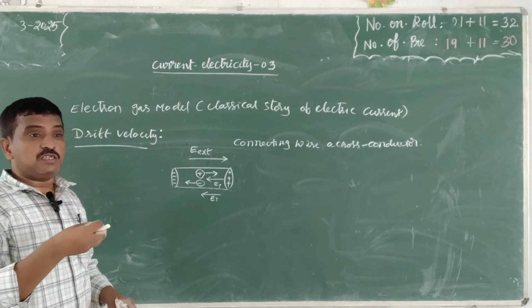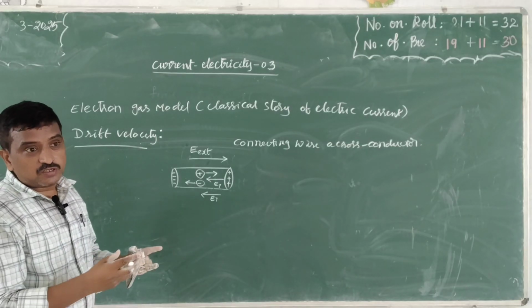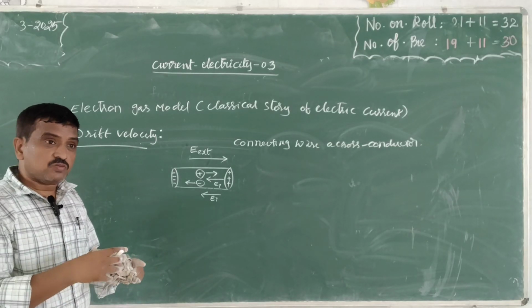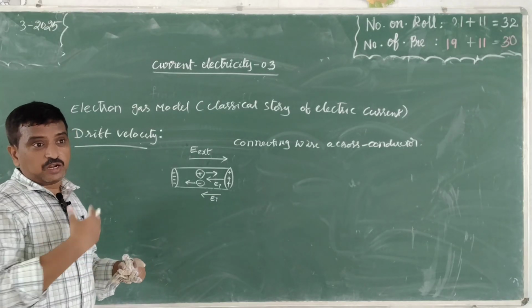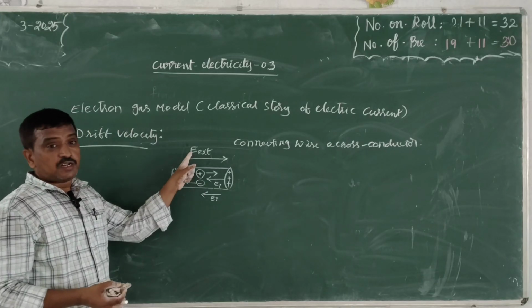This thermal energy comes from the temperature difference. So because of thermal energy, electrons still move inside the conductor with 10 power 4 to 10 power 5 meters per second in the absence of a net electric field.